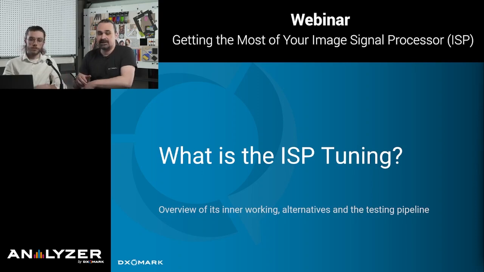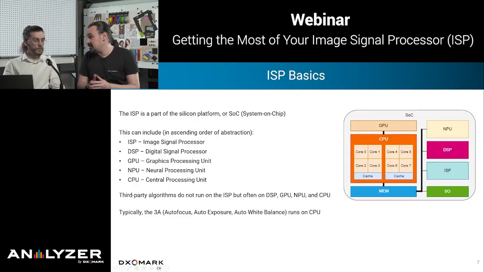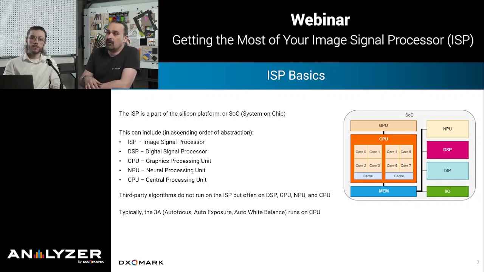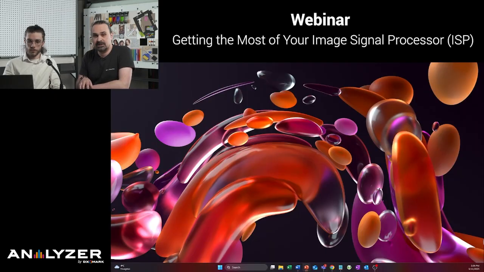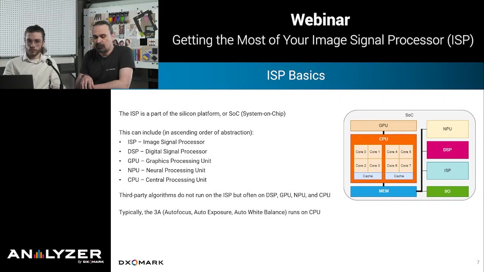And part of that happens on our ISP, which is an image signal processor, a component designed specifically for that purpose. But oftentimes there are other parts of the pipeline that run on other computational units on my system on chip, which can be more general.